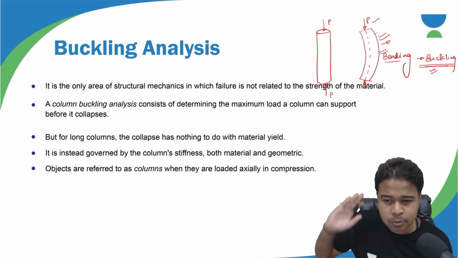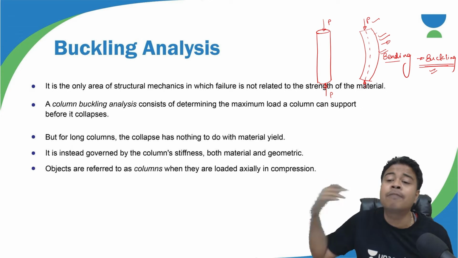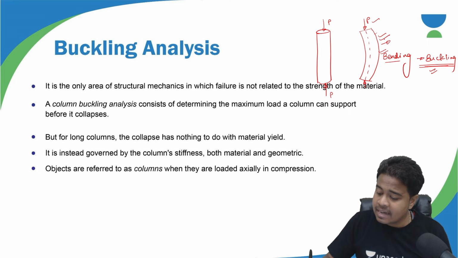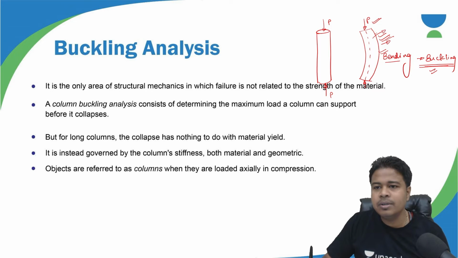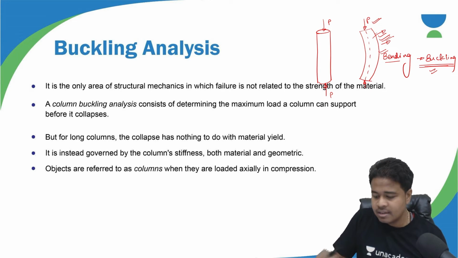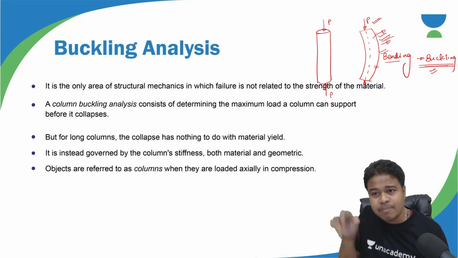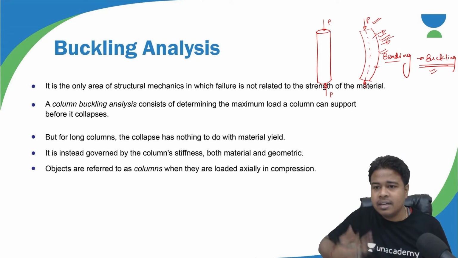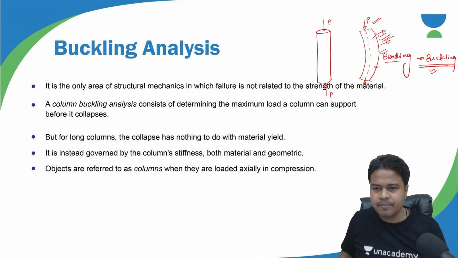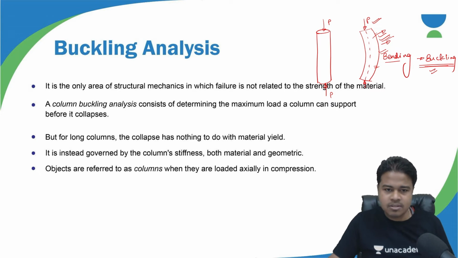We don't have to go up to the plastic failure or fracture. Once you remove the load, again it will come to its original shape and size. But we don't want this buckling. We don't want this bending in our daily life structures where we use these long columns.